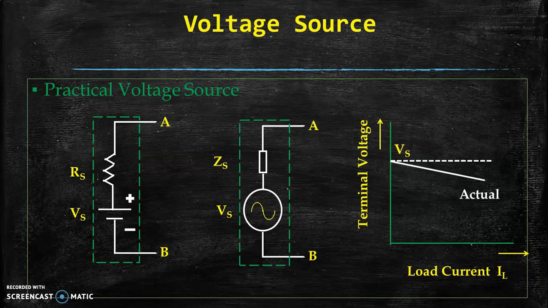So we can conclude that in practical voltage source, there is always a certain amount of series connected internal resistance or impedance, and always there must be a certain amount of voltage drop across the internal resistance, and that affects our terminal voltage.